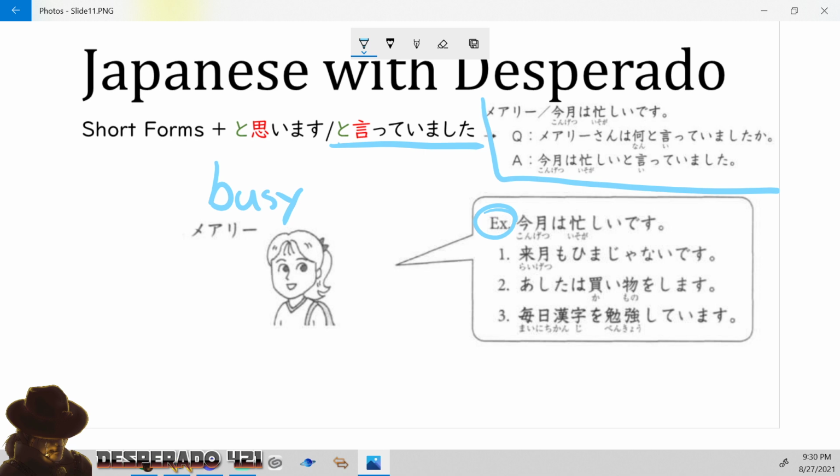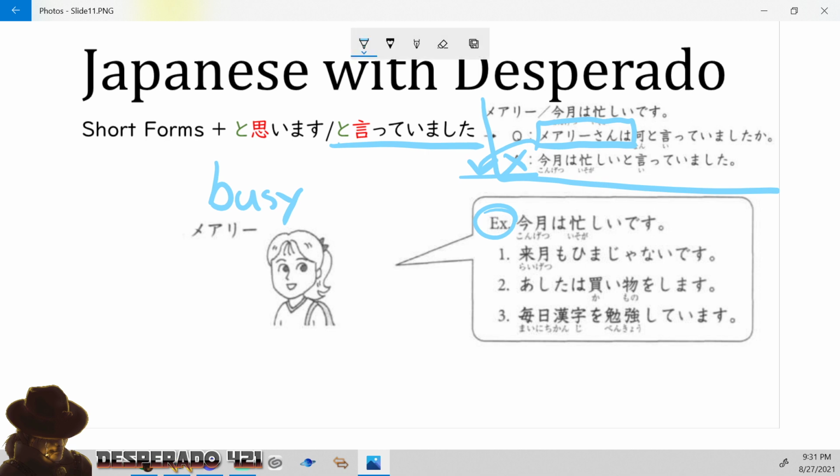Very good. Now, if you want to make the sentence even longer, you could put Meri-san wa at the beginning of it. But because Mary is referenced here, it's cut from this part because it's not needed. Because the conversation has already been made about Mary here.